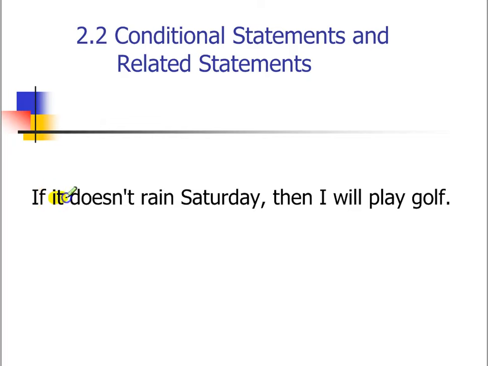When you have it in if-then form, whatever follows if is called the hypothesis. That's the hypothesis. The rain, Saturday. And whatever comes after the then is called the conclusion.